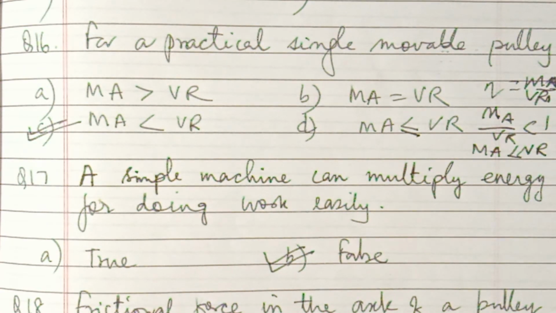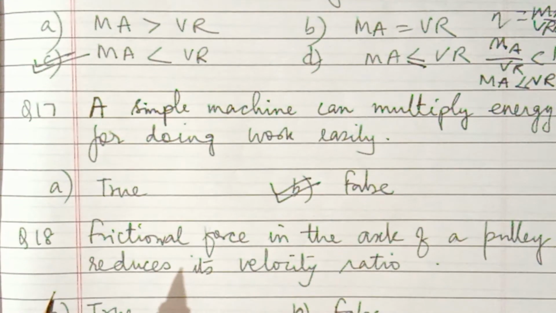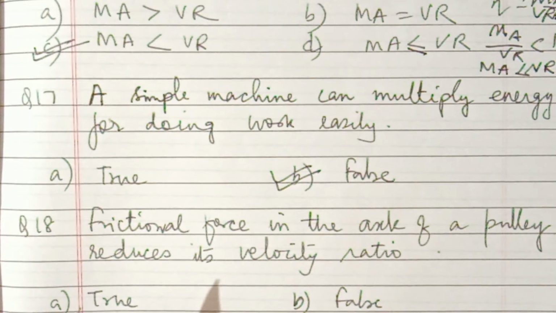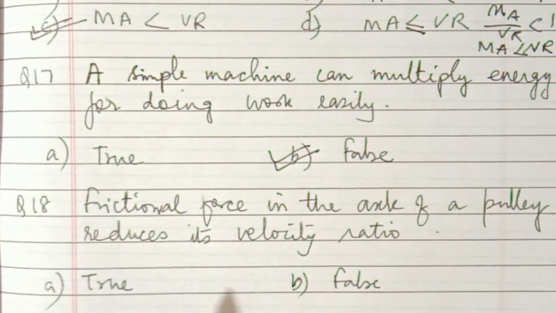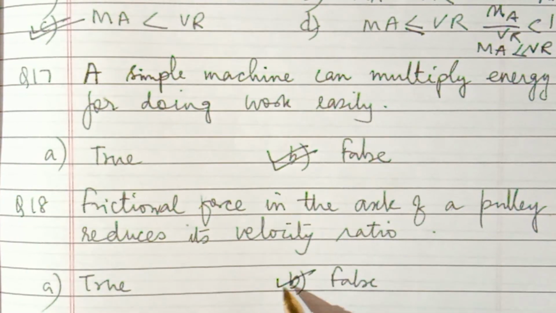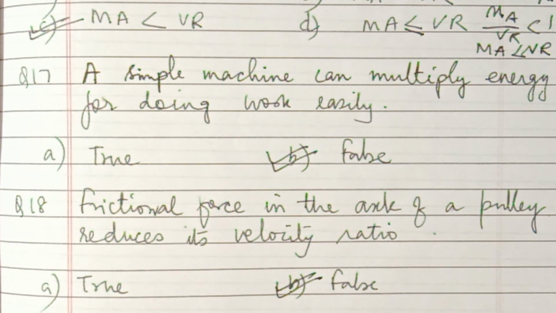So that will be wrong. Machines cannot multiply energy. Frictional force in the axle of a pulley reduces its velocity ratio. This is also false, because frictional force will reduce mechanical advantage and efficiency, but velocity ratio will remain the same.